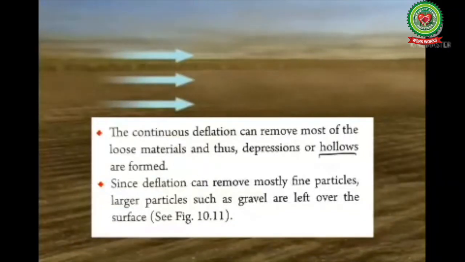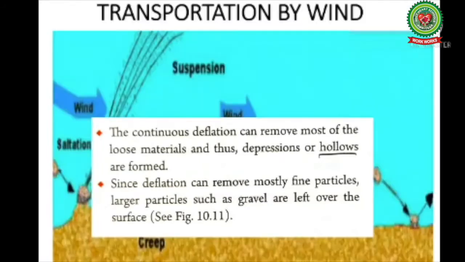In layman's language, the particles which are loosened by weathering and are blown by wind, the process is known as deflation. Continuous deflation can remove most of the loose material, and thus depressions or hollows are formed. Since deflation can remove mostly fine particles, larger particles such as gravel are left over the surface.